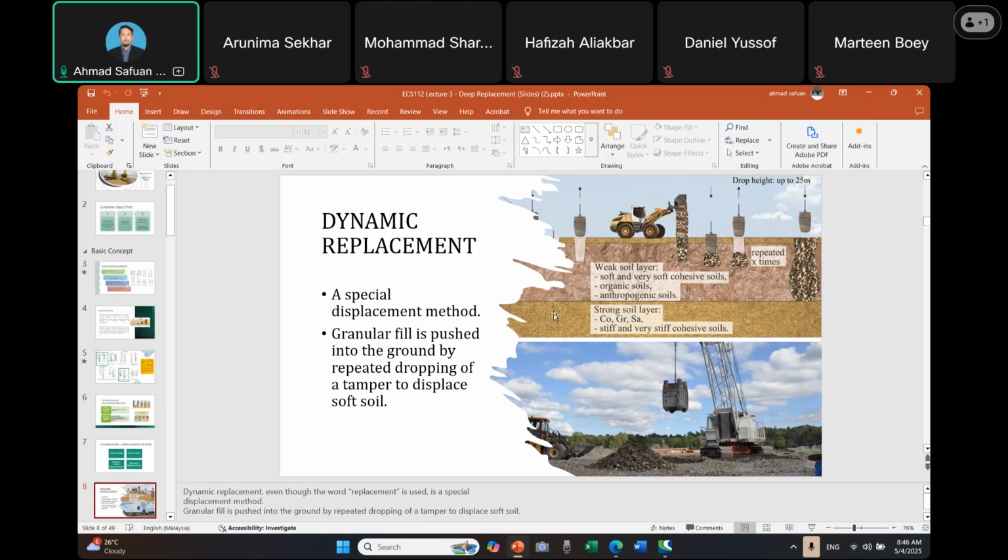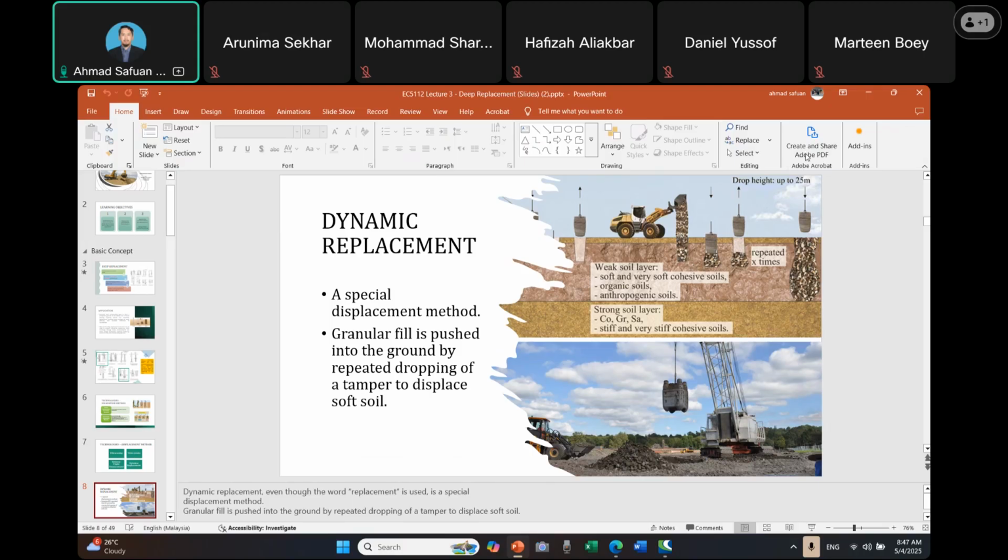Then the second layer is usually a strong soil, where you have stiff and very stiff cohesive soil. The process is to make a hole and then fill the hole with granular material.